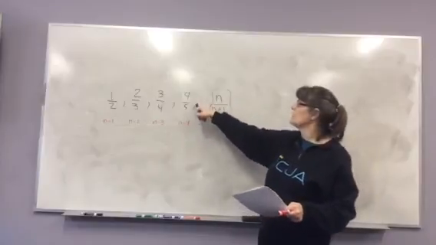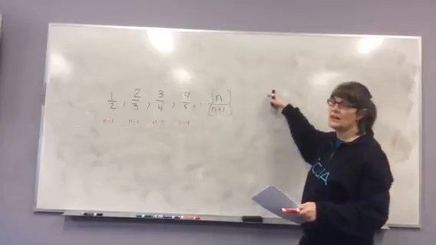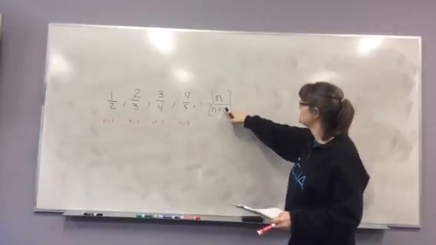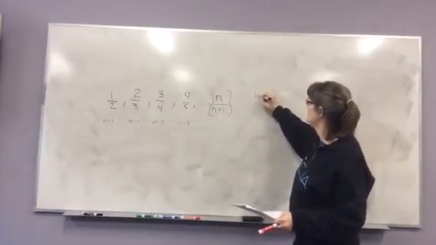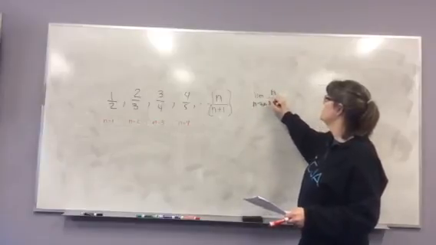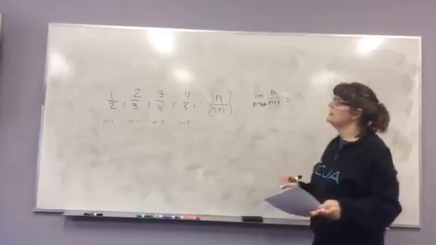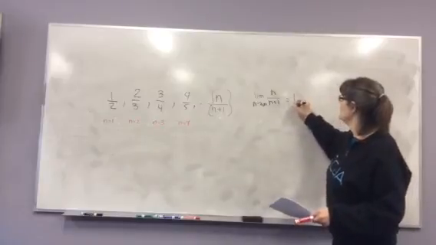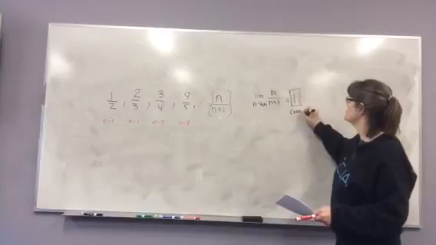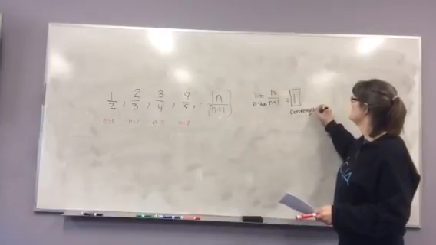So it's going to be 5 over 6, 7 over 8, 100 over 101. What is it converging to? Well, let's take the limit as n approaches infinity of n over n plus 1. That limit is 1. Therefore, this sequence converges to 1.